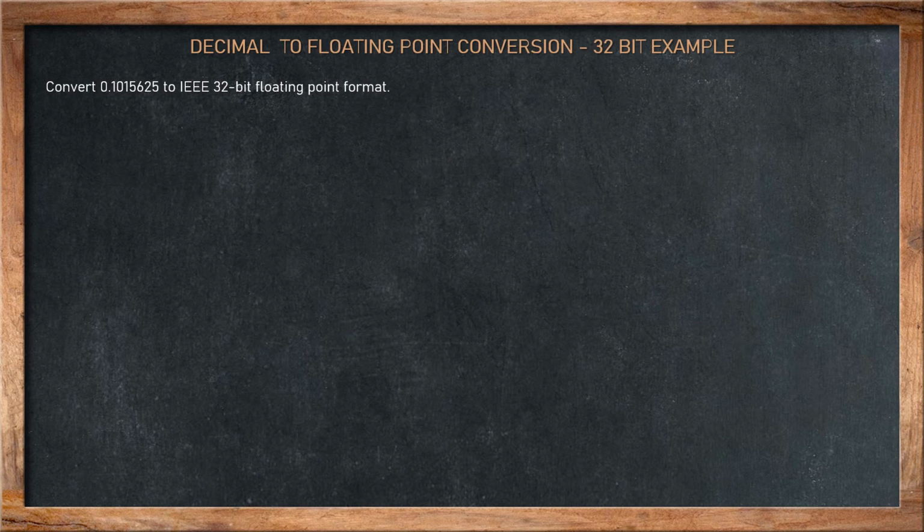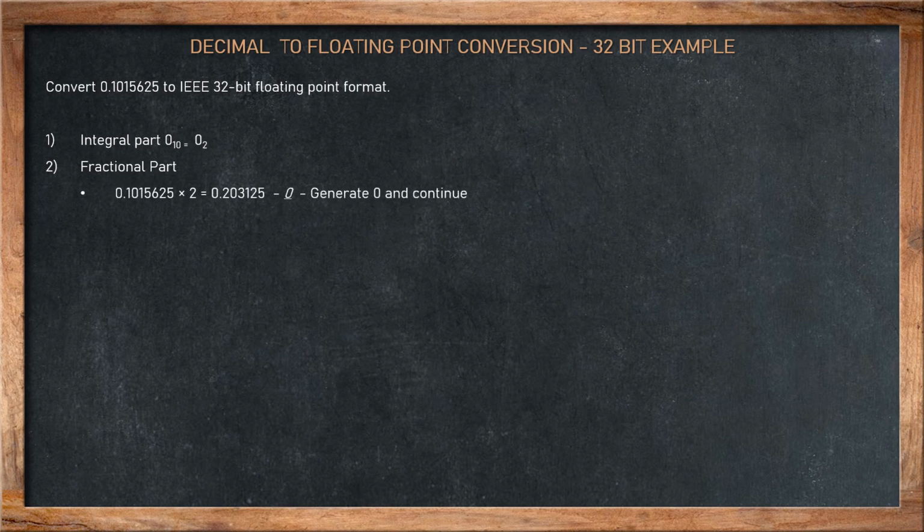As the rule says, the very first thing we need to do is convert the integral part into binary, and here we have only 0 in the integral part, so no big deal. Simply 0 is the binary. Now the second step is to convert the fractional part. Here the fractional part is quite long.